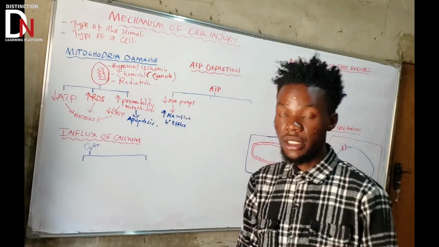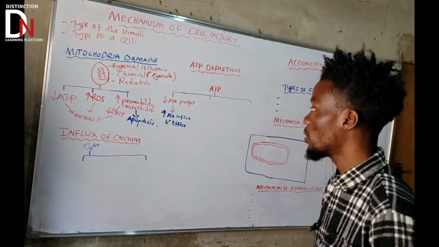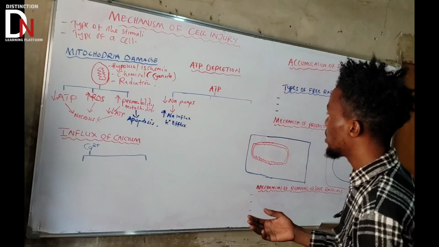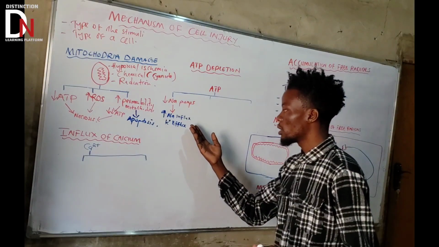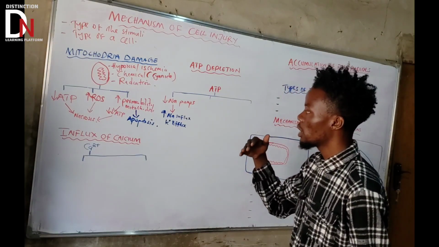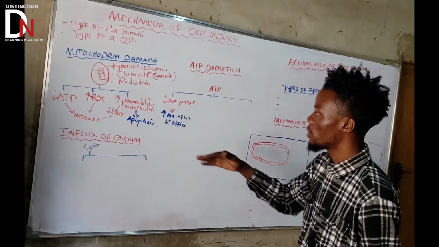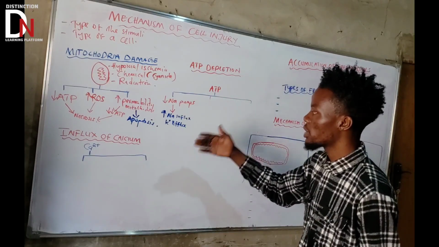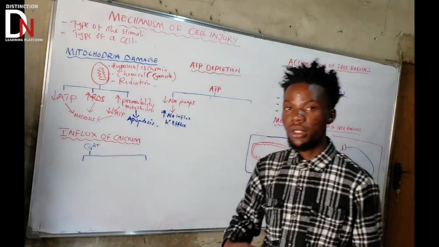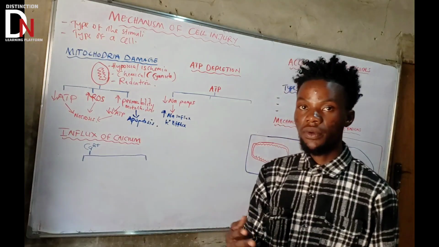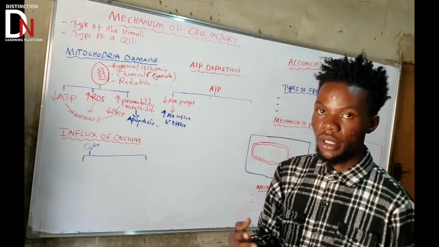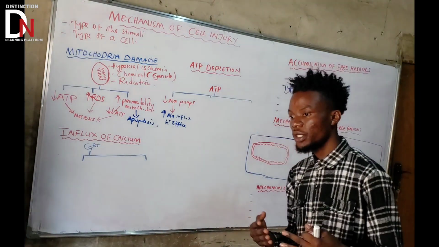Basically it will just diffuse into the cell. That's the main reason why sodium will start going into the cell, and the potassium will start going outside the cell, because outside the cell there's low potassium, inside the cell there's high potassium level. So it will just follow the concentration there.